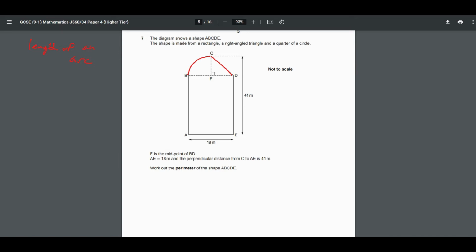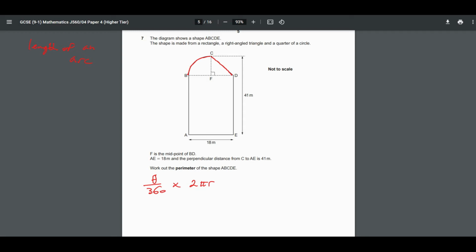So how would we find the length of the arc to start with? You should know the formula for the length of an arc: theta over 360 times 2 pi r. So what we need to find out here is what theta is and what r is.